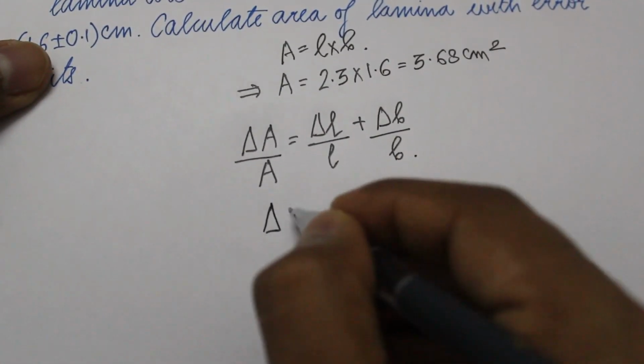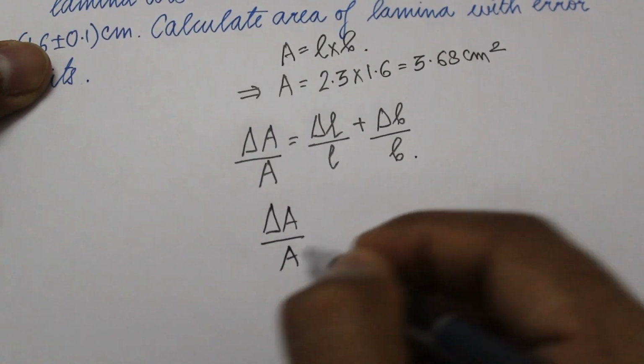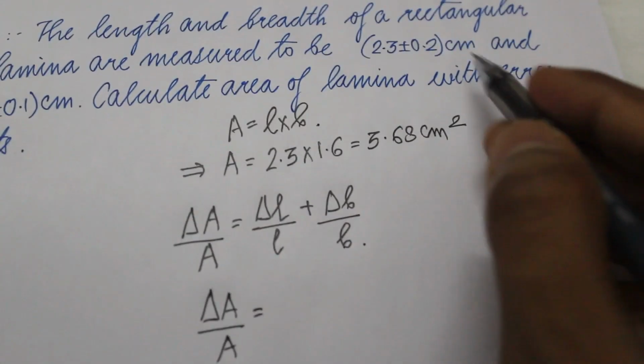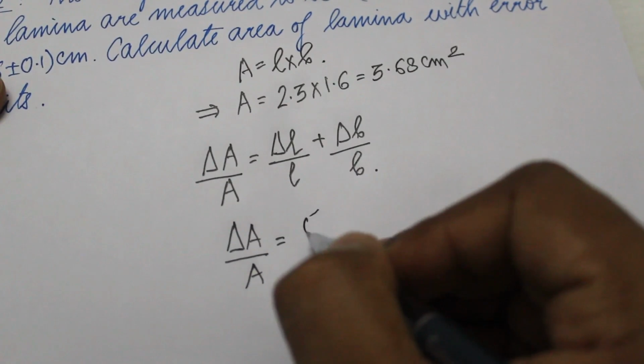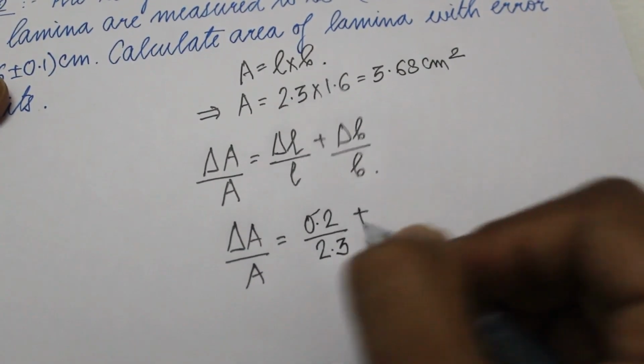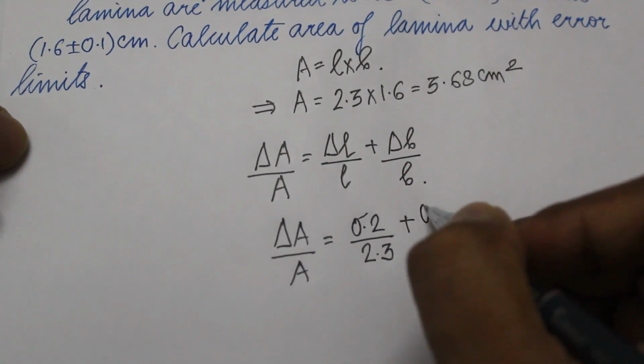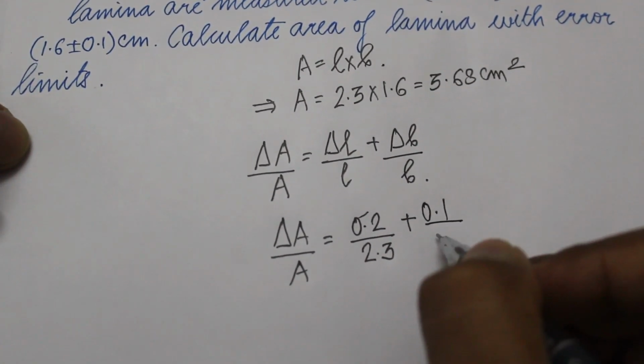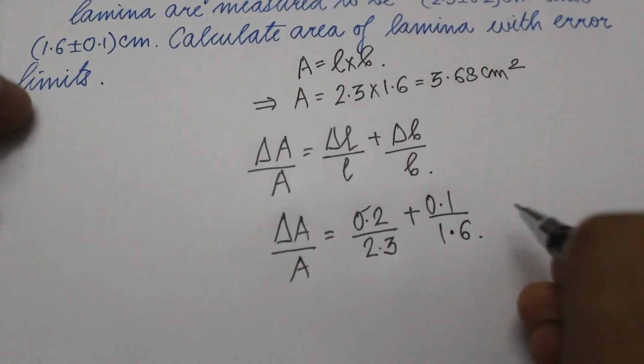So delta A upon A will be equal to delta L, that is 0.2, so 0.2 upon 2.3 plus 0.1 upon 1.6.